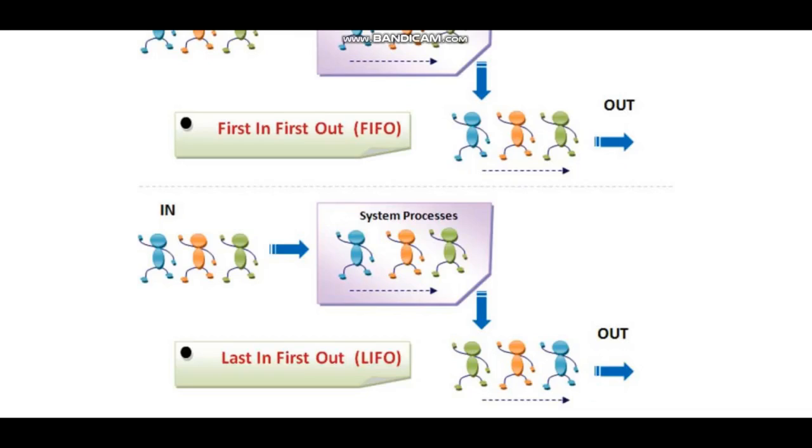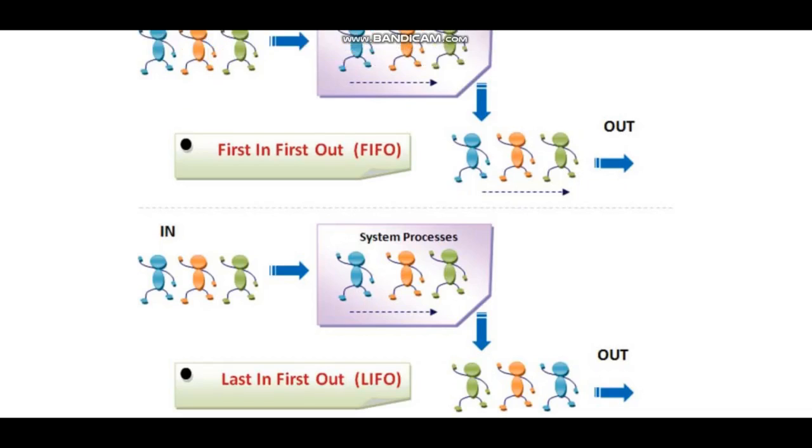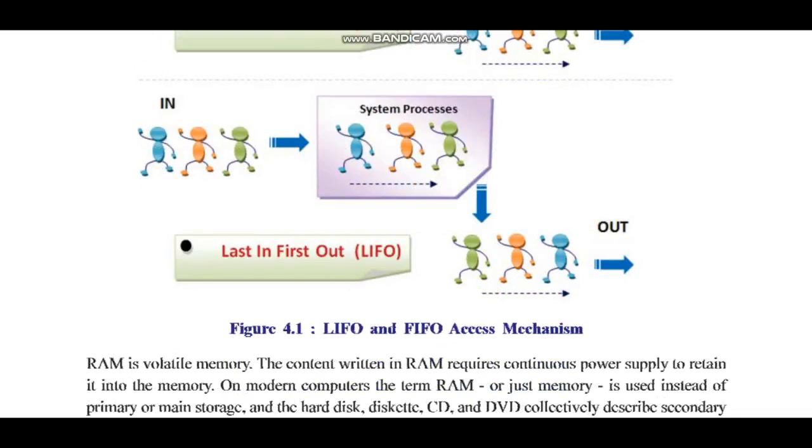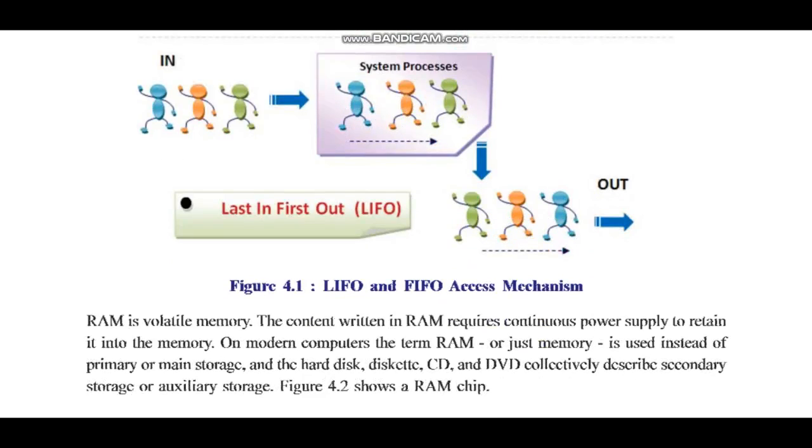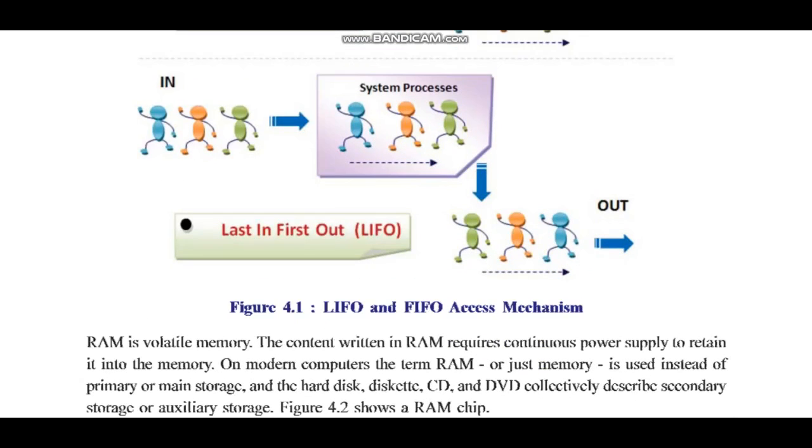Here you can see in, system processor and out. This is the LIFO and FIFO diagram. So as we have completed LIFO and FIFO access mechanism, now moving to the next topic.